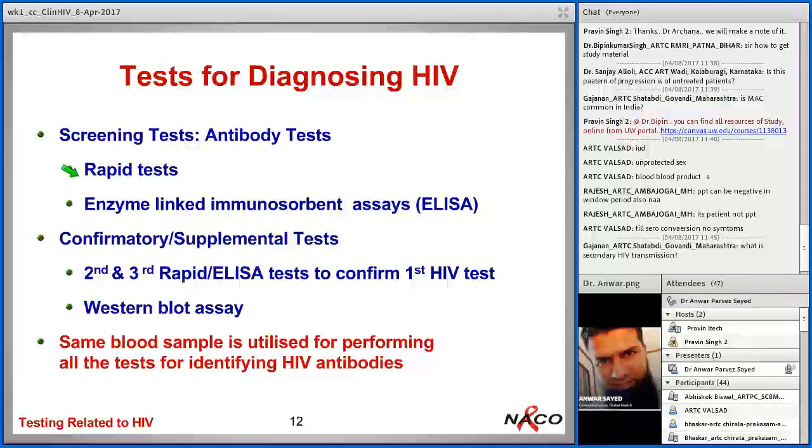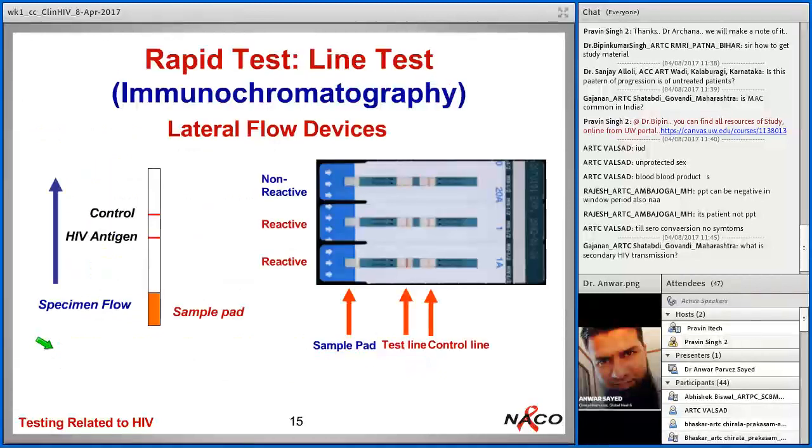These screening tests are very sensitive, and if the second sample is positive, again a third test is done to confirm the positivity. All these tests are done on the same blood sample in the lab.